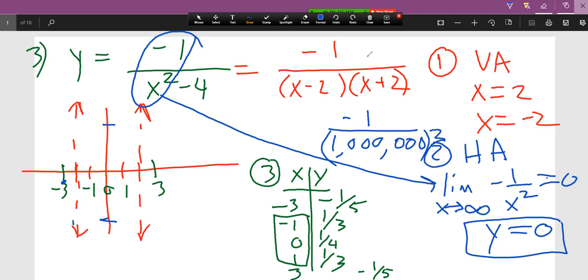Does that make sense to you that now this branch is somewhere like this? I guess I forgot to put my horizontal asymptote on there. Shame on me. +3 also gave me -1/5, so doing something like this over here.